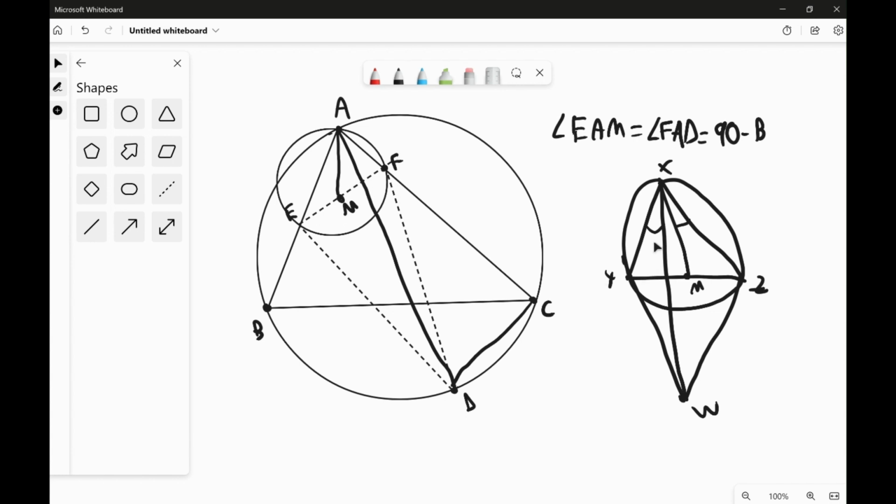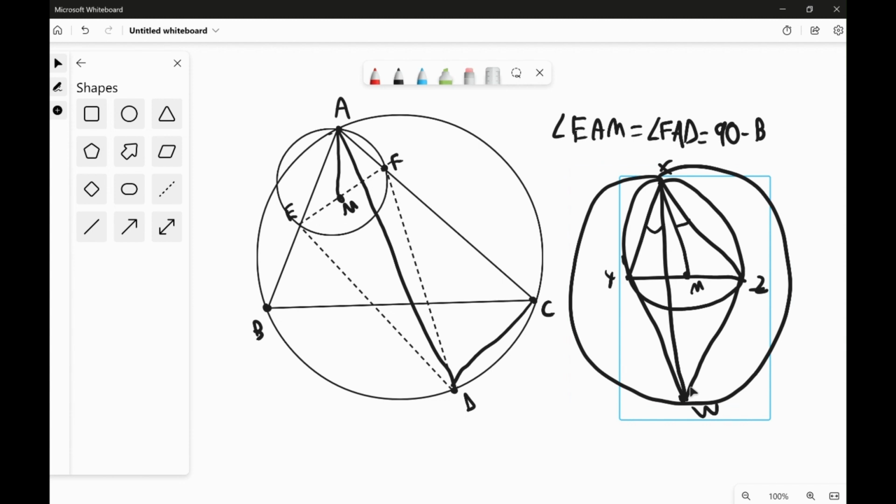Because we can construct a circle with diameter XW, and then where the midpoint is the orthocenter, we can take the midpoint of MW to get a point that's on the side BC, suppose. And then we have that XM must be perpendicular to BC. And given that, we can construct our triangle here, BC. And the rest proceeds as we proved in the problem.